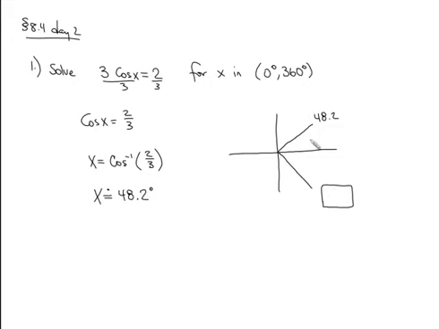Here's the idea. We have to figure out how far in degrees, or in radians, in this case degrees, we are away from the closest spot on the x-axis. So are we going to go counterclockwise, or are we going to go clockwise is the question. Well, the one that's shorter is clockwise. So we're going to go clockwise to the x-axis, and from here to here, from 0 to 48.2 is 48.2 degrees.